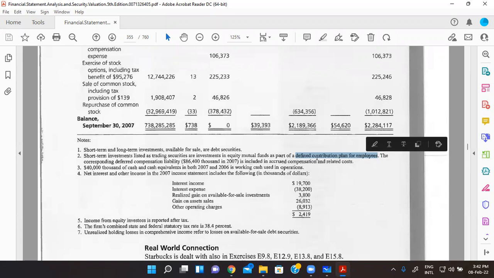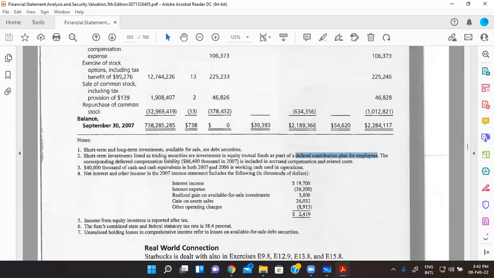We are serving employees through the defined contribution plan, and the amount of this plan has been invested in equity mutual funds. As these are connected to employees who are engaged in operation, that's why it is part of the operating assets.